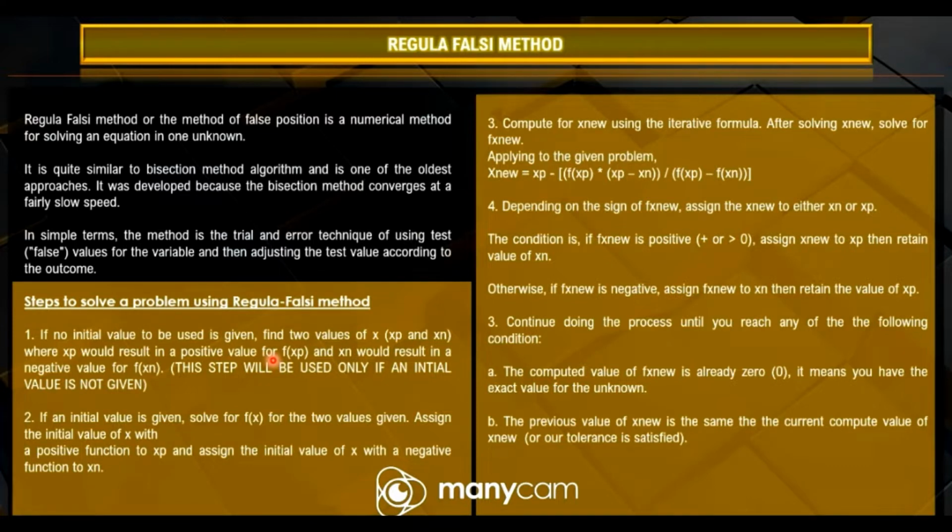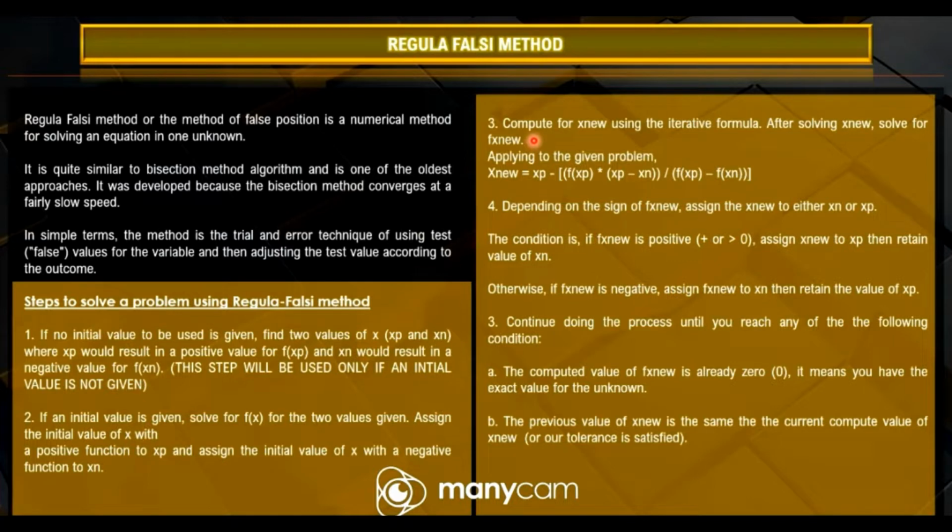This means if we apply the value of xp to the variable, it would result in positive, and if we apply the value of xn, it will be negative. Then what if the values are given? We will use those directly. We don't need to find xp and xn anymore.